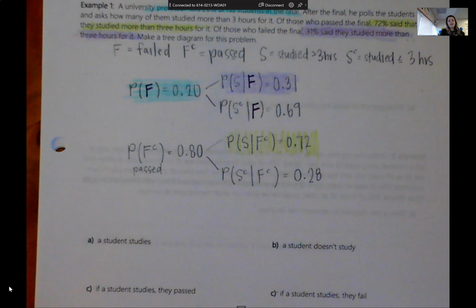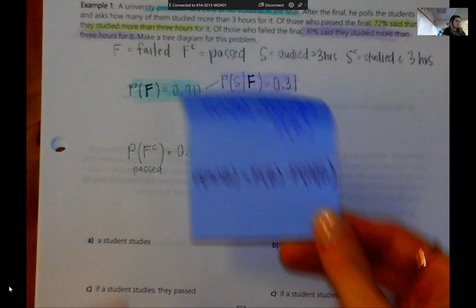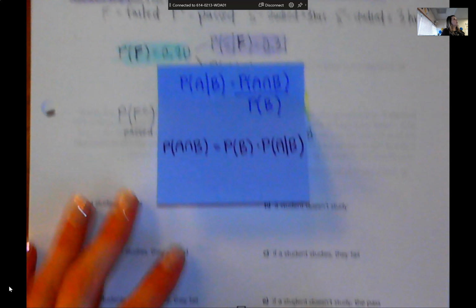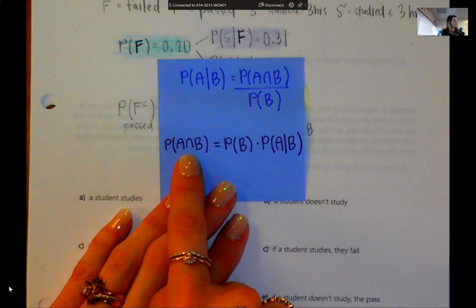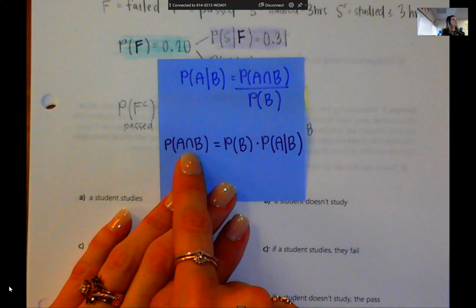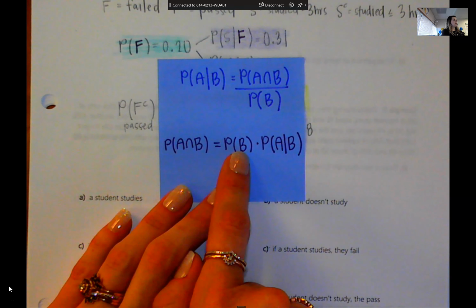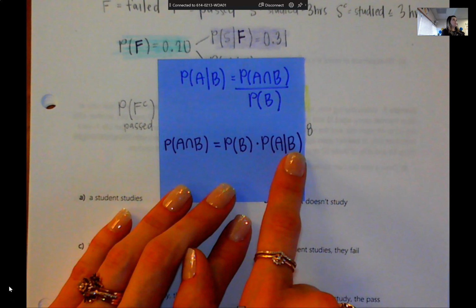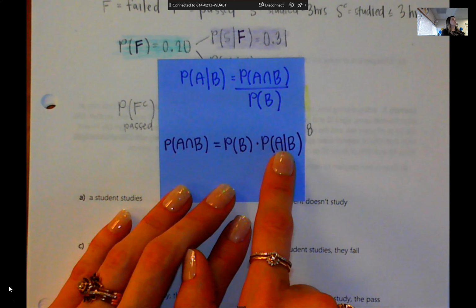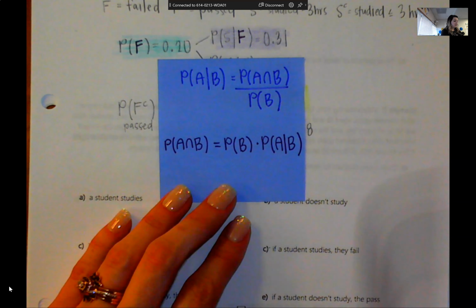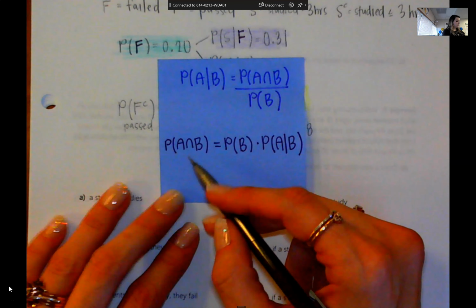Okay, now we're going to add in one last element. Going back to this formula, I know the intersection of an event if I know the probability of an event and the given probability, or the conditional probability. That's what we have here. So you don't have to write this on your Post-it, but I will.